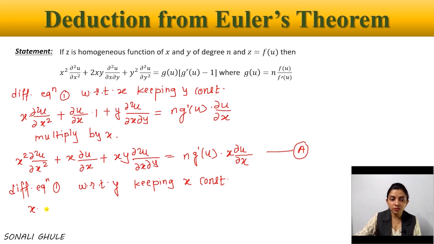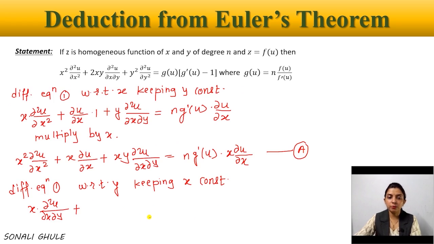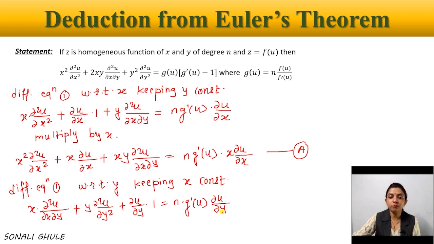This time x is constant and it gives the mixed double derivative ∂²u/∂x∂y, plus. Here I have to use the product rule because y and ∂u/∂y both depend on y. So suppose y is constant: ∂²u/∂y², plus, now ∂u/∂y is constant and the derivative of y is 1. That is equal to n into g dash of u, but this time the derivative is with respect to y.